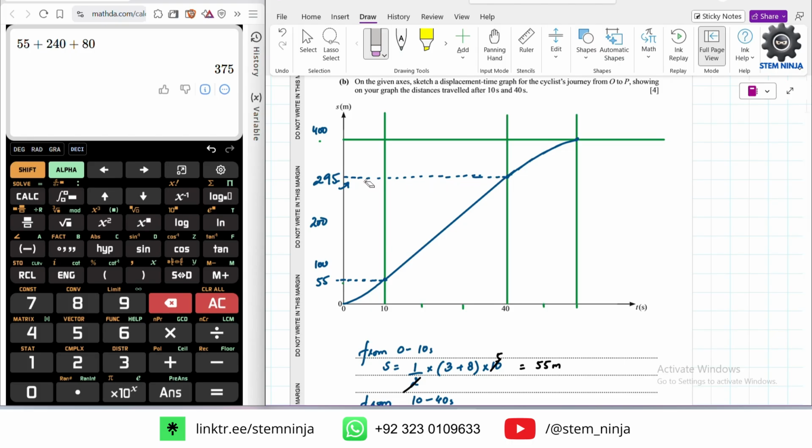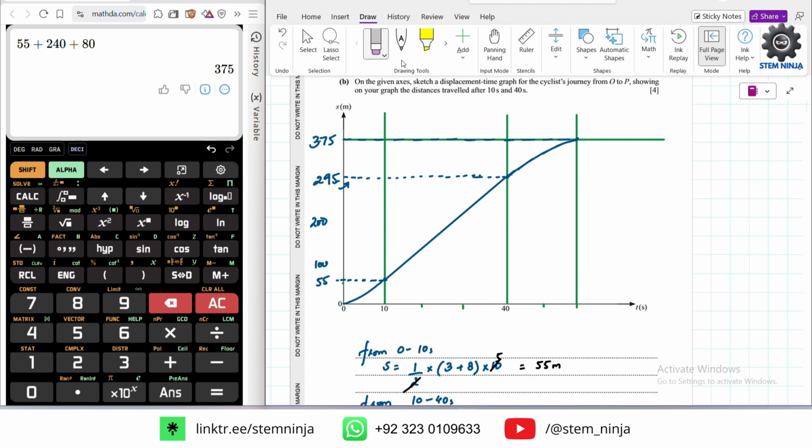Actually, what we can do is just have a dotted line over here. So 375, we can trace it over here, 375.